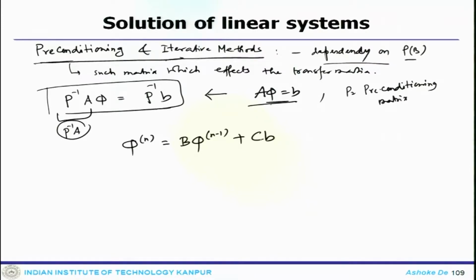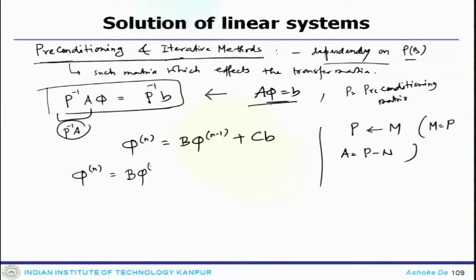Now, what we will do is replace P by M, and A equals P minus N. So, that means M equals P and A equals P minus N. Once we use that for the fixed point iteration equation, B phi to the power n minus 1 plus c_B becomes P inverse N phi n minus 1 plus P inverse b.